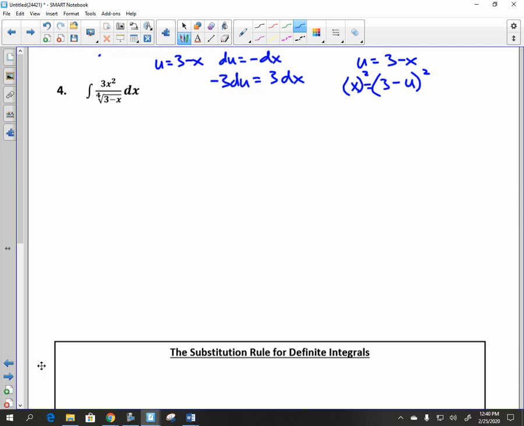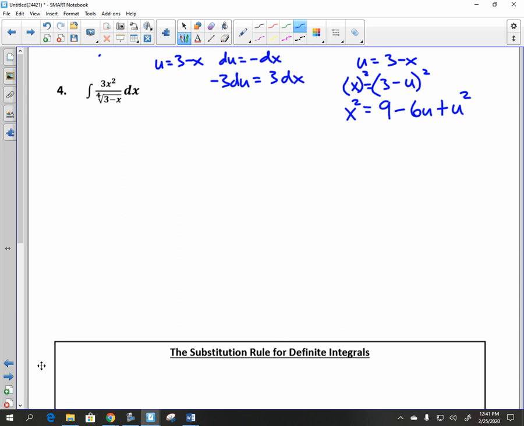So everybody okay with x equals 3 minus u? Squared, x squared is equal to 9 minus 6u plus u squared. I have all the parts necessary for my substitution.